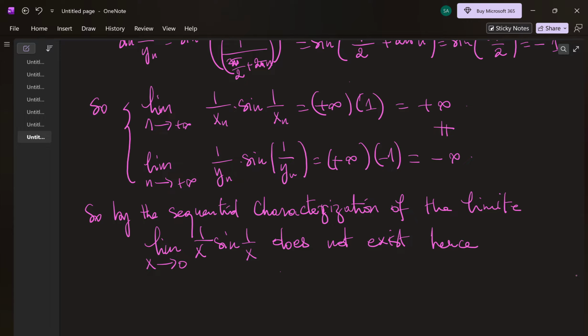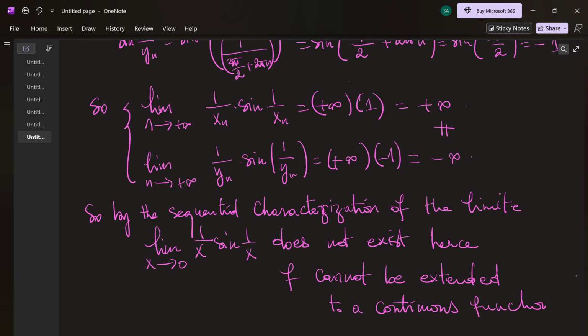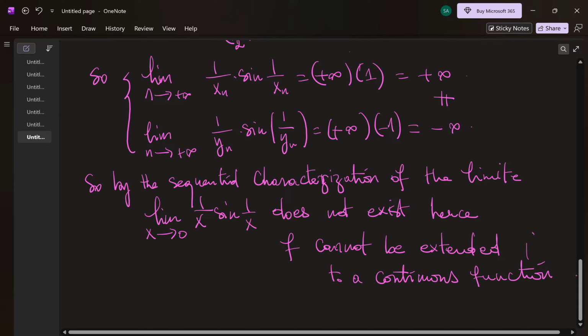Hence, f cannot be extended to a continuous function on all R.